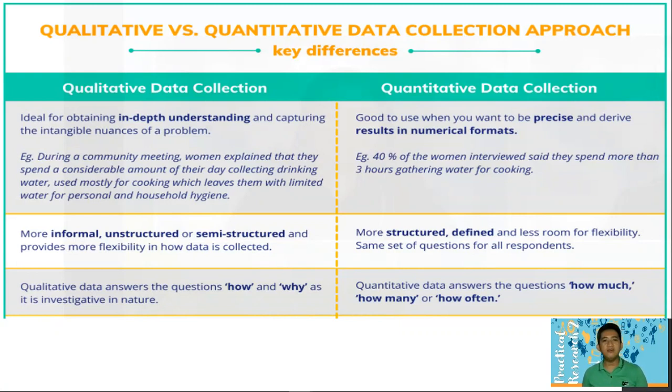But the quantitative is more structured, defined, with less room for flexibility. It uses the same set of questions for all respondents. It cannot change. Whatever you asked respondent number 1, you will also ask number 2, number 3, number 4, and so on and so forth.